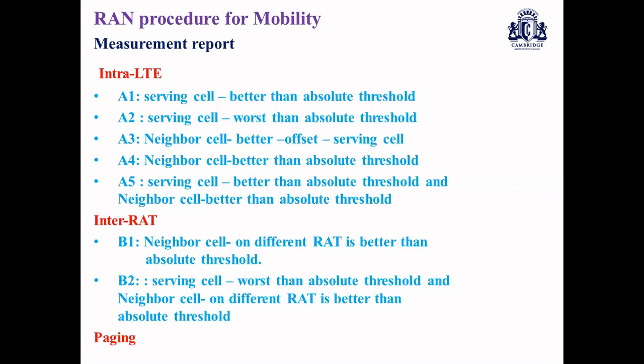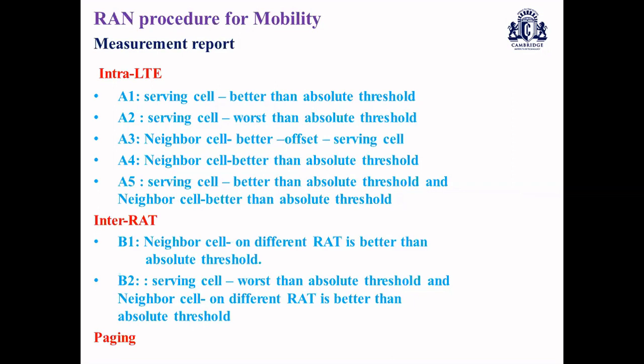We say PO. So we have one PF, paging frame, which is one radio frame in which E-UTRAN can page one UE. To make it simple, one PF may contain one or multiple subframes in which the paging message can be transmitted. Each such subframe is called what? Paging occasion, PO.